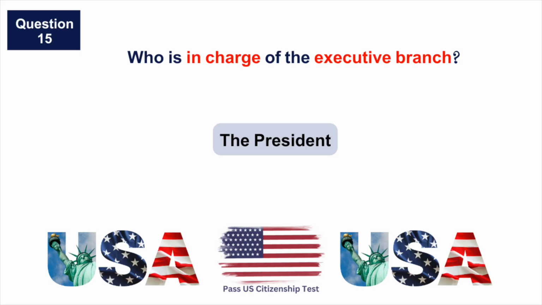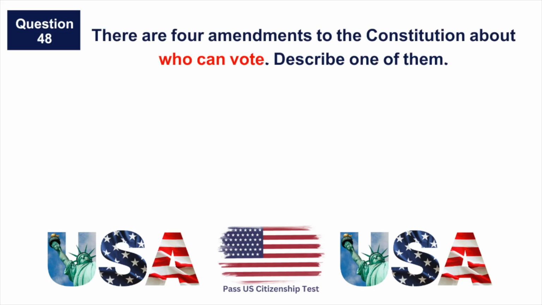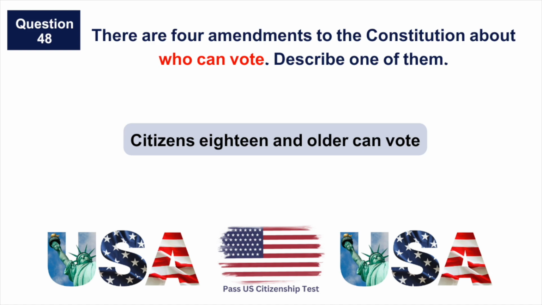The President. There are 4 amendments to the Constitution about who can vote. Describe one of them. Citizens 18 and older can vote.